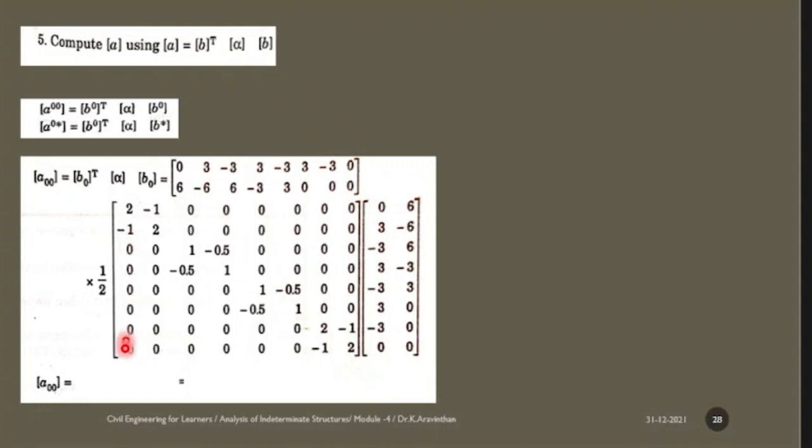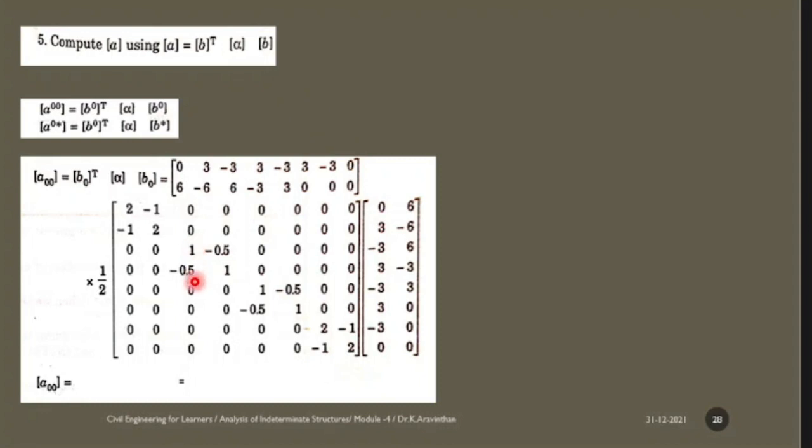So the rest of the components will be 0 only. It is easy to calculate. If you multiply this row into the next column, the same way you will get 3 into 2 as 6. That's all. So the first component and second are over. Then this row into this third column. Now the active components are what?